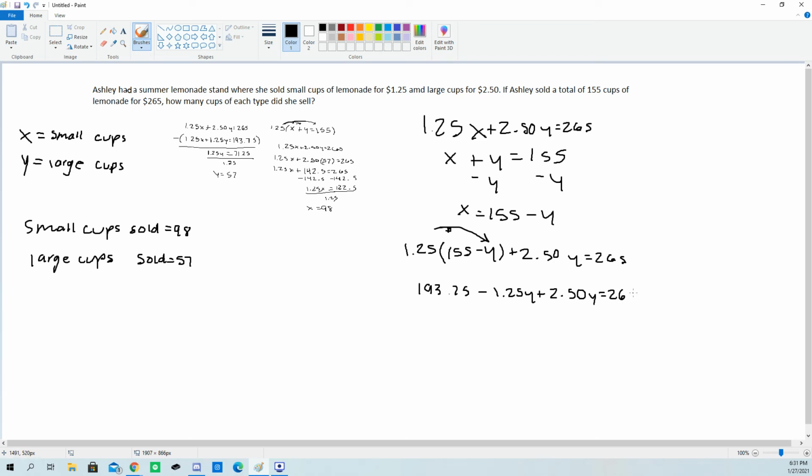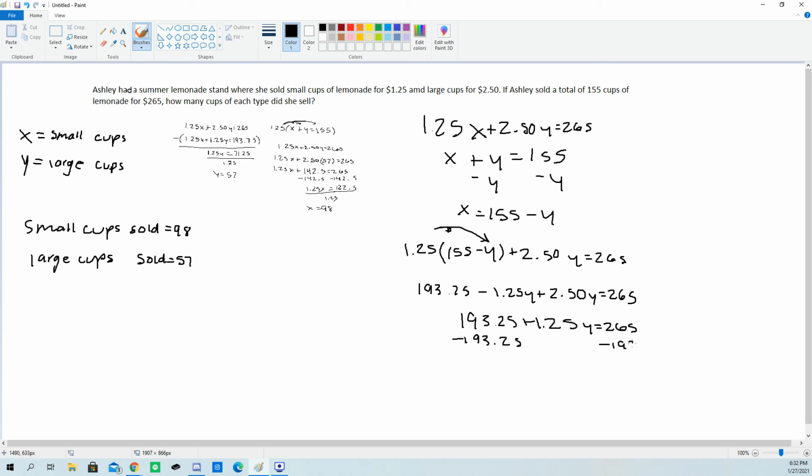Okay, so it equals 265. Then we're going to combine like terms: 193.25 minus 1.25y plus 250y gives us 1.25y, equals 265. Subtract 193.25 from both sides.